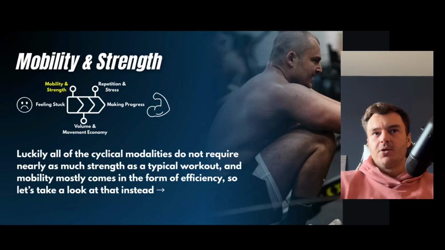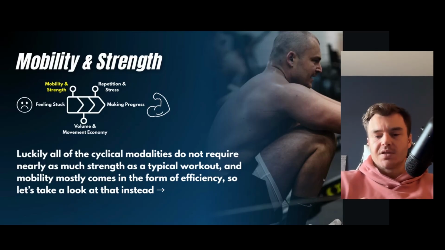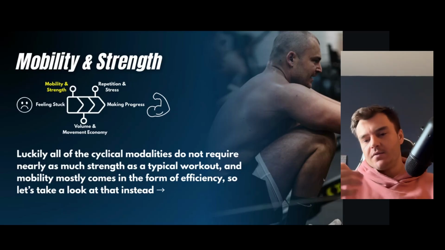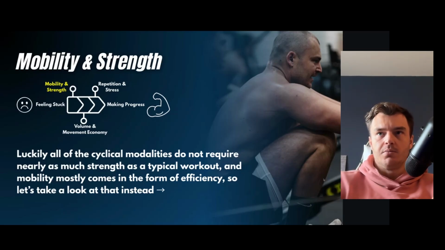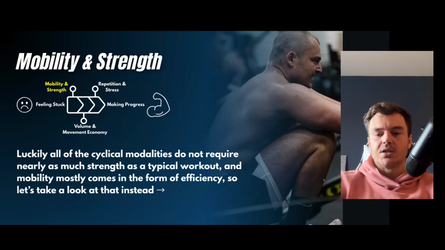Basically, the better mobility that you have, the more efficient you'll be able to be. So if you can get yourself into more technical positions in the rowing or the ski or even with running, you'll move more economically. And if that's the case, then you'll be able to sustain more power with less of a fatigue cost. So that's where mobility and strength comes in.